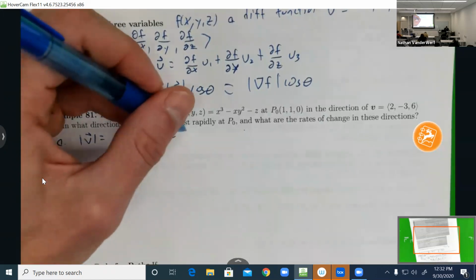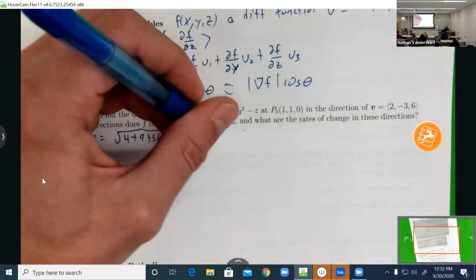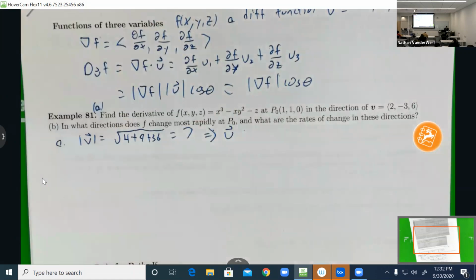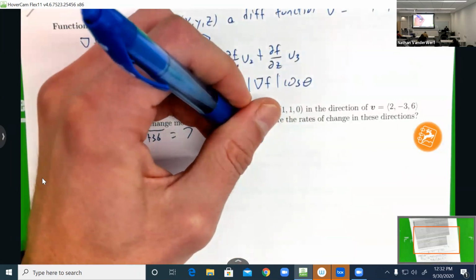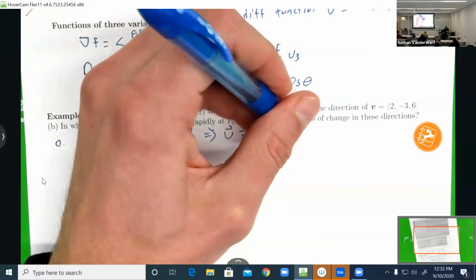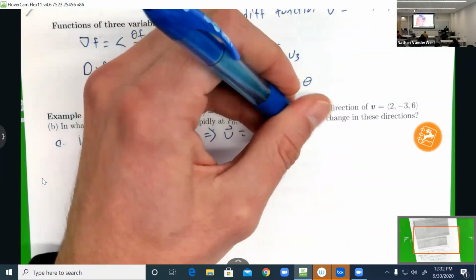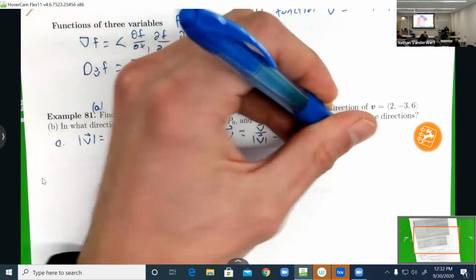Yes, 49, so 7. So that gives us that u is going to be v over the magnitude of v, which gives us 2 over 7, minus 3 over 7, 6 over 7.